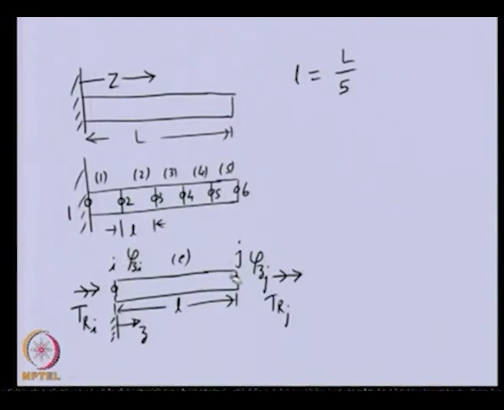This is another node, and there also there is another field variable. So, for one element which we have considered here, there are two nodes and the elemental degree of freedom is 2. So, one is phi_z_i, and another is phi_z_j.